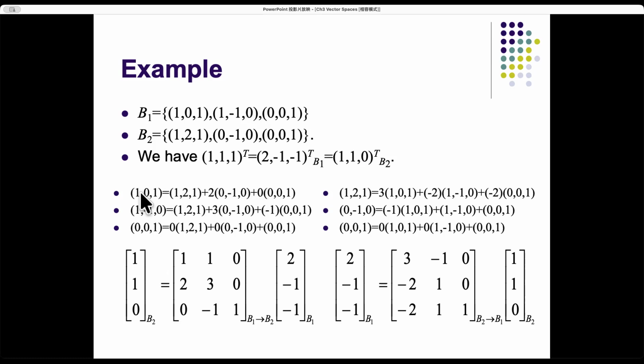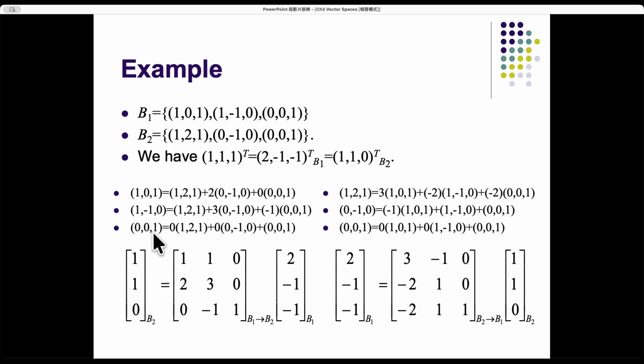So the coordinate for 1 0 1 is 1 2 and 0. And the coordinate for the second vector in base 1 is 1 negative 1 0. Okay, that's 1 times 1 2 1 plus 3 times 0 negative 1 0 plus negative 1 times 0 0 1. So the coordinate for 1 negative 1 0 in the second basis is 1 3 negative 1.